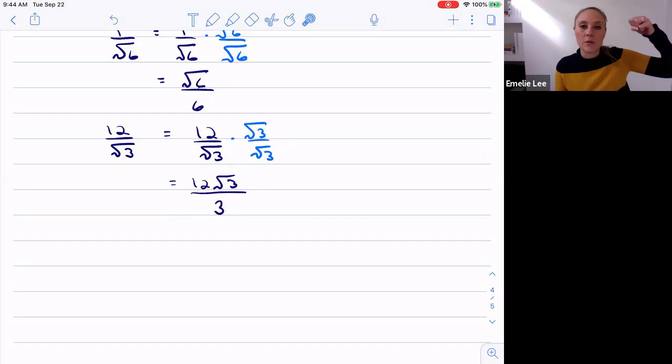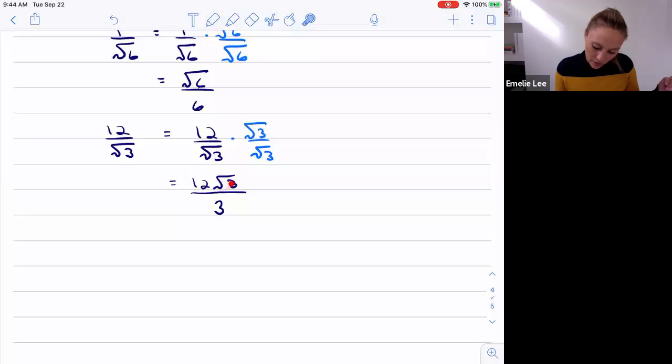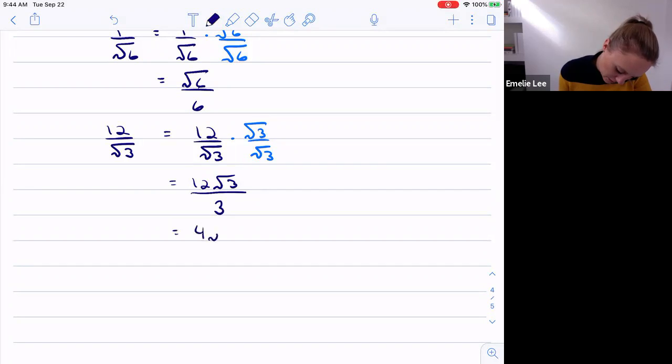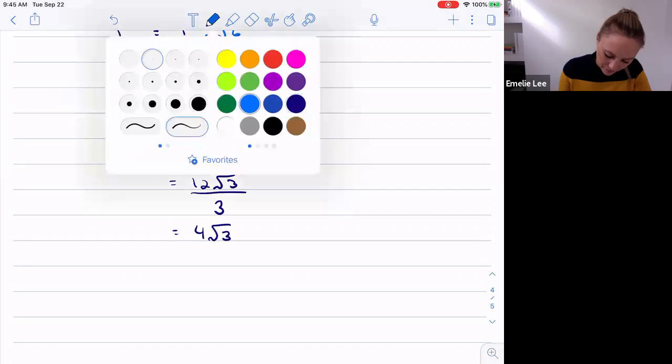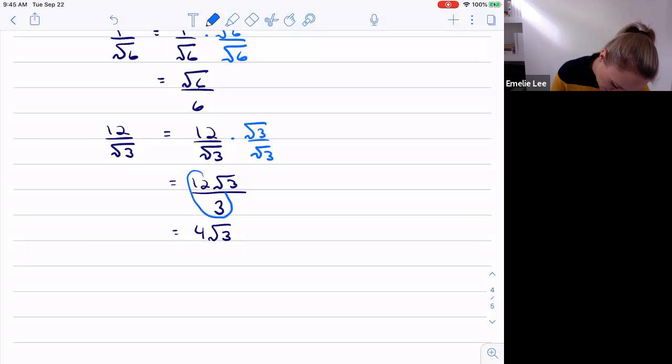I would have to be able to pull out a common 3 from each of these, which I wouldn't have if it was 12 plus root 3. But because I'm multiplying here, I can do 12 divided by 3, which puts me just at 4 times root 3. Right? So what I'll do is 12 divided by 3 equals 4. Good.